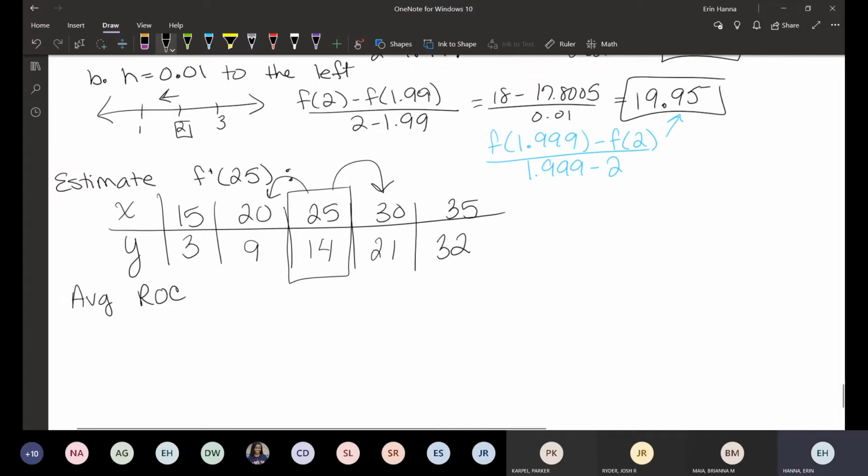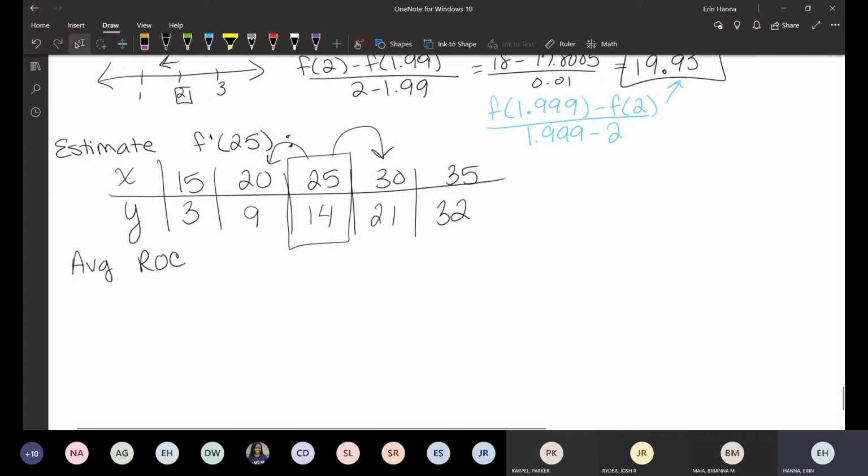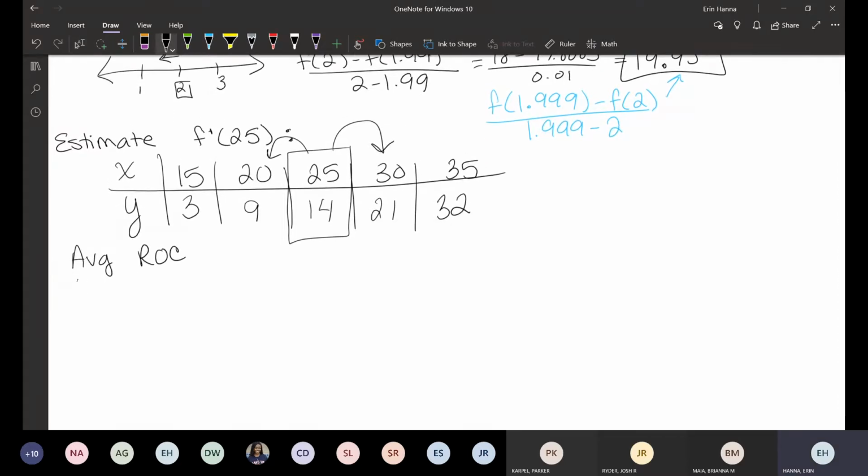I'll scroll up. There we go. Average rate of change between 25 and 30. We've got 14 minus 9, or 9 minus 14, as long as you're consistent, over 25 minus 20. So 5 over 5 is 1.